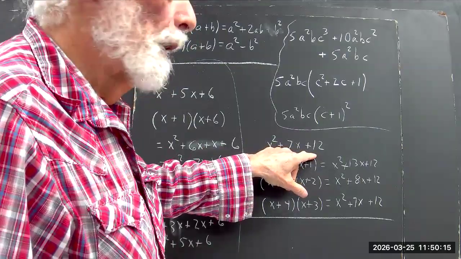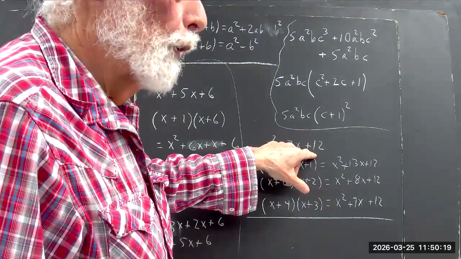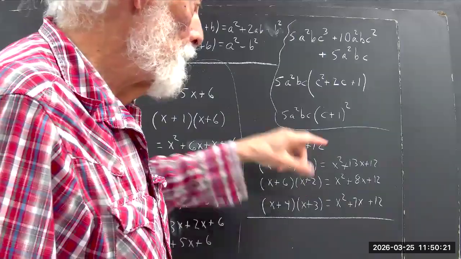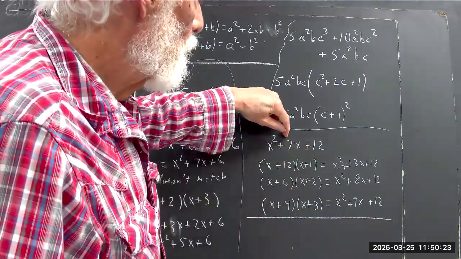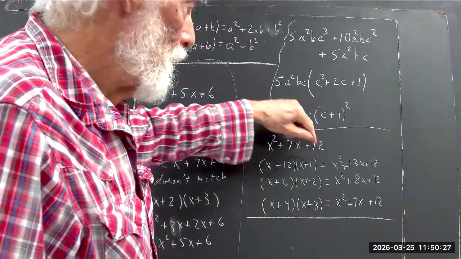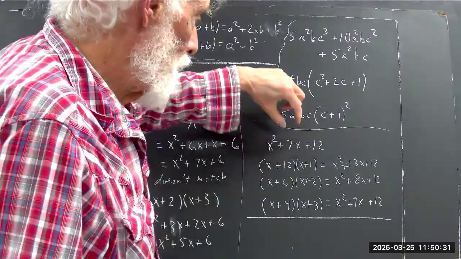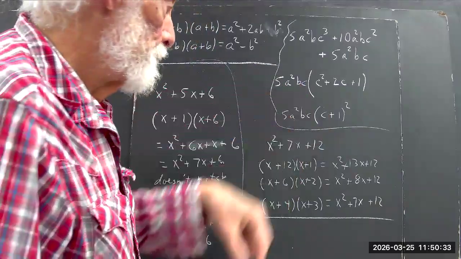Well, that would be 12 and 1, 6 and 2, 3 and 4. The 7x has to come from adding those two factors. So we're trying to find two numbers that multiply out to 12 that add up to 7.